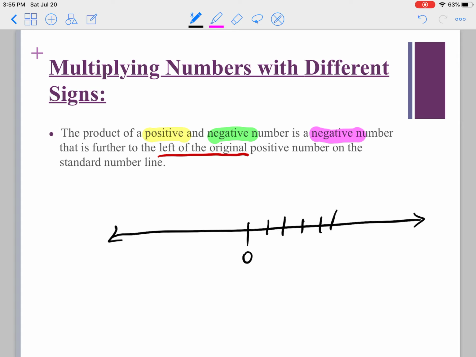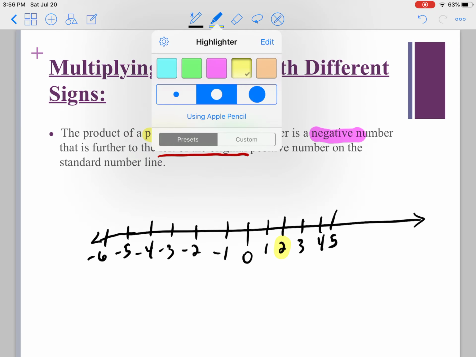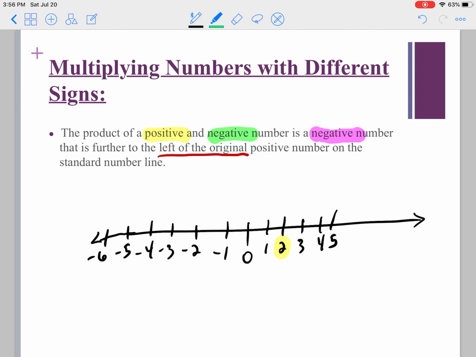And let's see, -4, -5, and -6. So if we were to multiply a positive and a negative number, so here's our positive and our negative, let's say positive 2 times -2.